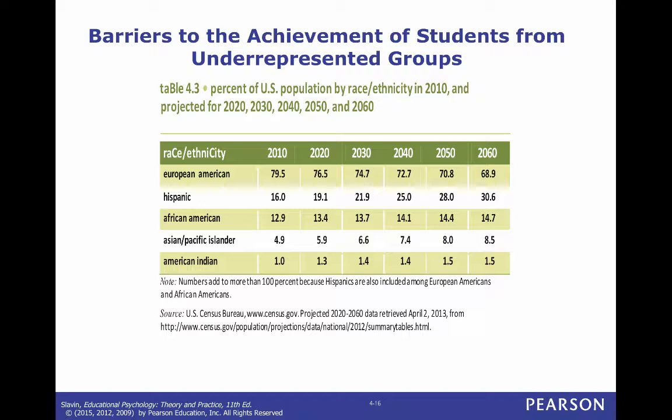By 2060, European Americans will be 68.9, or 69%, so a 10% drop. Hispanics will be 30.6%, so we're almost doubling our Hispanic population. The African American population will slightly increase to 14.7, and the Asian Pacific Islanders will also slightly increase from about 5 to about 8.5, which is a pretty good jump. And then American Indian from 1 to 1.5, hardly any.